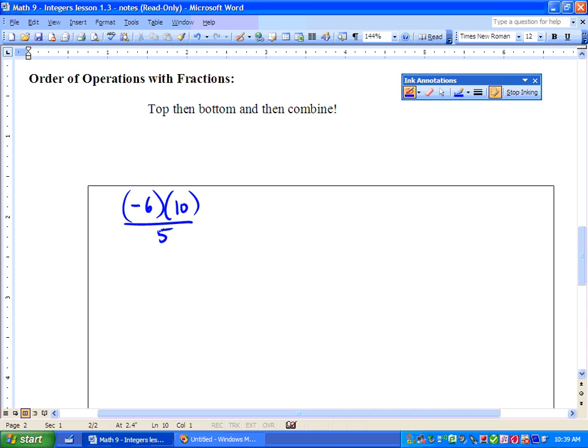When two numbers are very close like that, covered in brackets, they're going to be multiplied. So we do our top, negative 6 times 10, which is negative 60. And we have over 5. All right? We just brought that number along. Now negative 60 divided by 5. Negative divided by a positive, and we're going to have a negative answer, and we get negative 12.